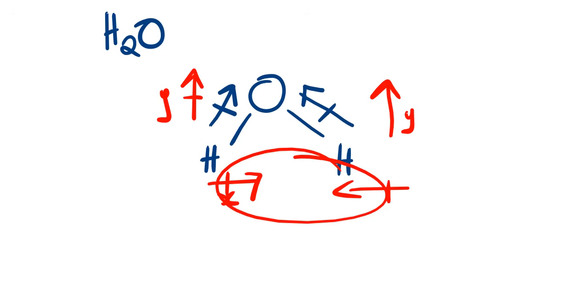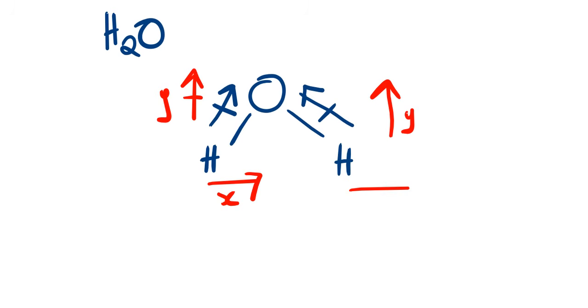You find that they are going to cancel each other out in the x direction. But what about the ones in the y? They are going in this direction and the other one is going in that direction, so they are going to add up. Therefore at the end of the day, you're going to have oxygen with two partial negative charges like that, and that is very important for us to understand.